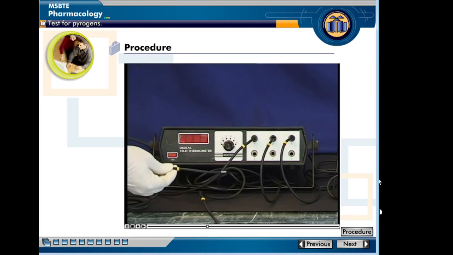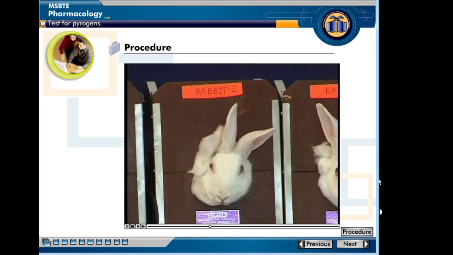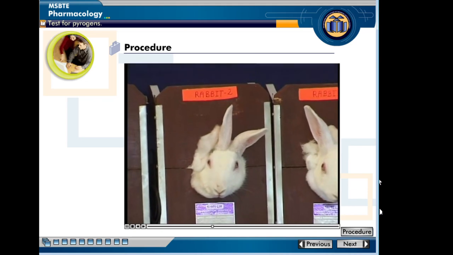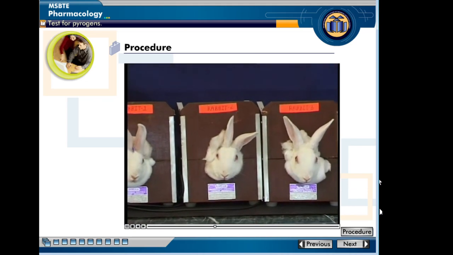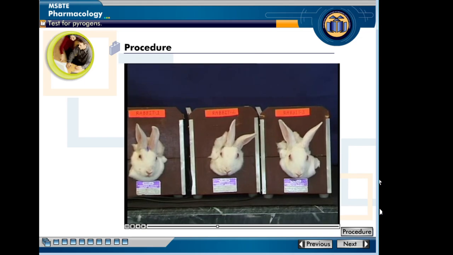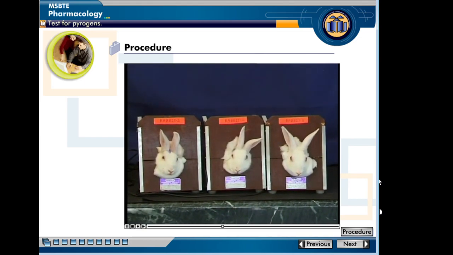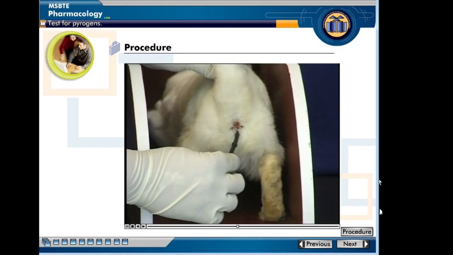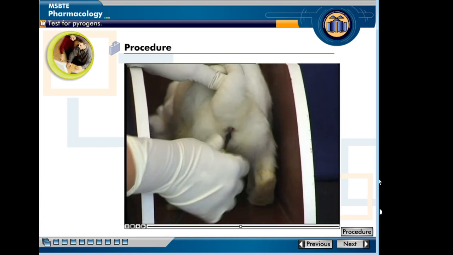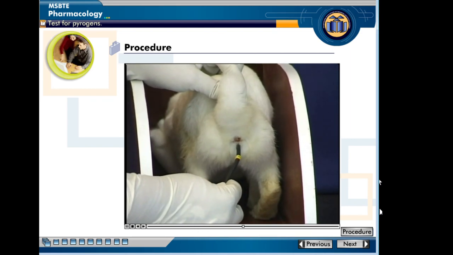To check the test sample for pyrogen, always select 3 healthy rabbits of either sex. These animals must be previously conditioned and housed according to IP. Place the animals individually in rabbit holders. Now insert the temperature sensing probe into the rectum up to a depth of about 5 cm.